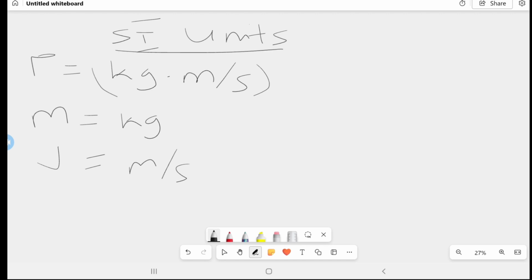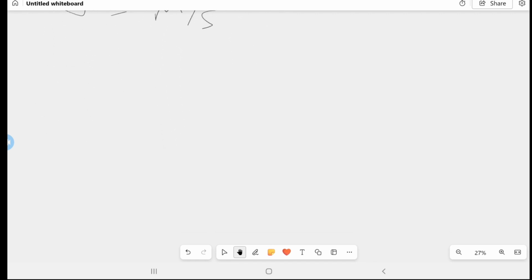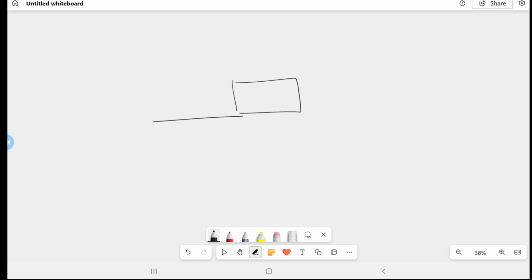So now let's take it from here. Let's give a nice example, and we're going to draw it. Let's say we have a block, and this block is moving on a frictionless surface.